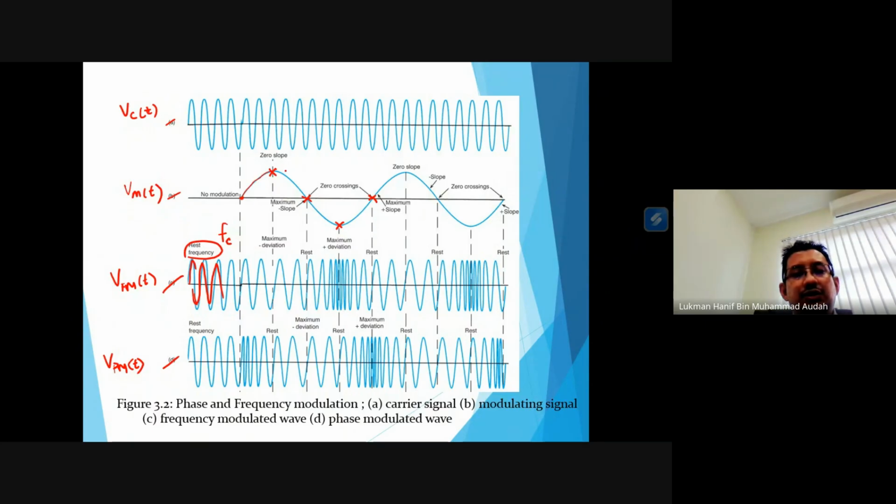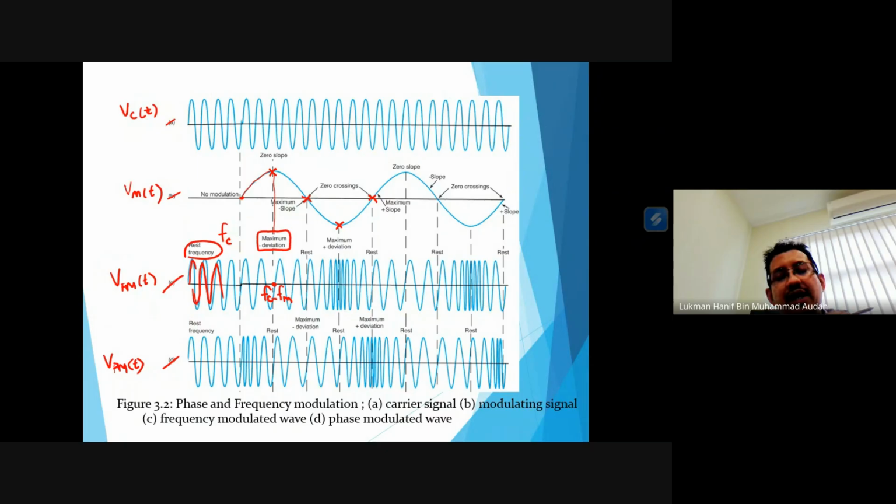At maximum positive, the output would be at maximum negative deviation. Negative deviation means the frequency of the carrier at this point would be at the minimum, which is Fc minus Fm.